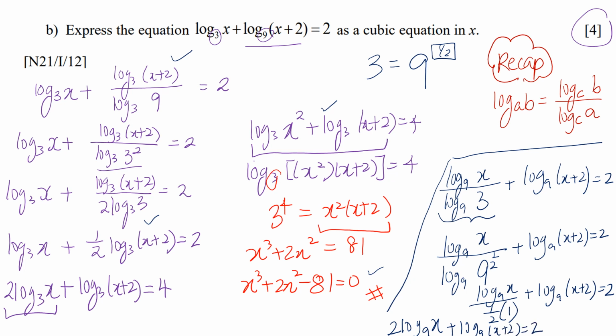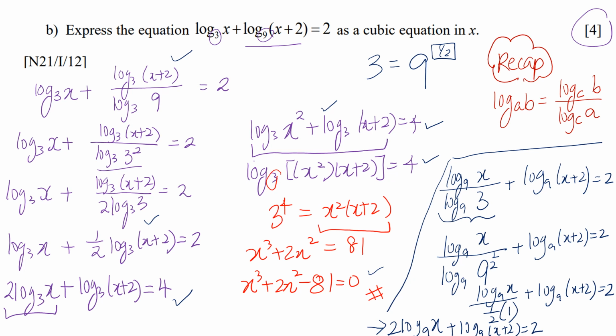And then from there you can apply the power law, and it will be similar. The following steps will be similar to what we have done here, and here. So you will still get x cubed plus 2x squared minus 81 equals to 0 in the end. You still get it. Right.